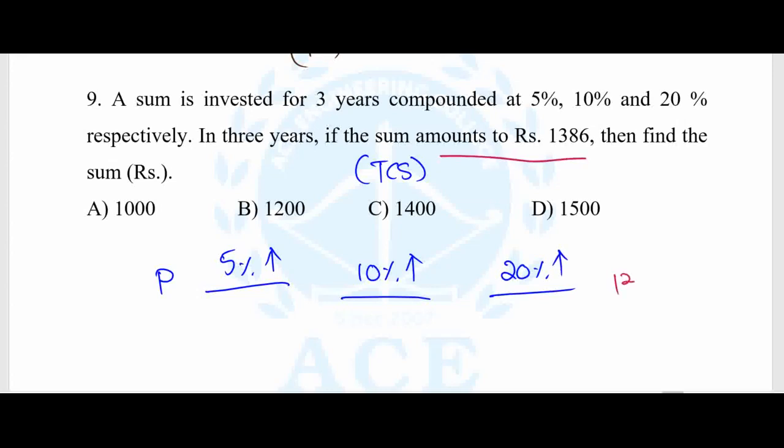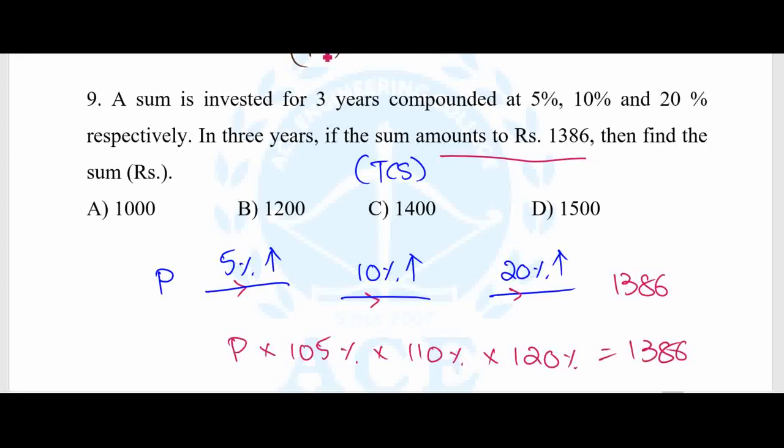It is the amount, not the interest, so when it is amount, no need to remove the principal. So P into 105%, into 110%, multiplied by 120% will give 1,386. Simplifying, you will get P value 1,000. This question and the previous question are both similar.